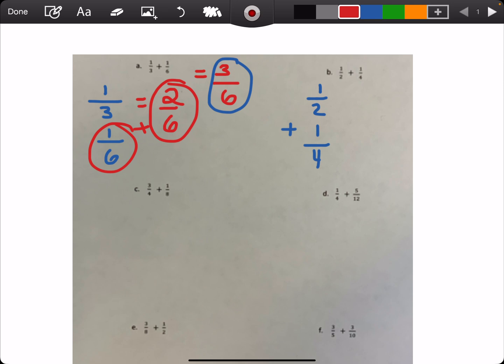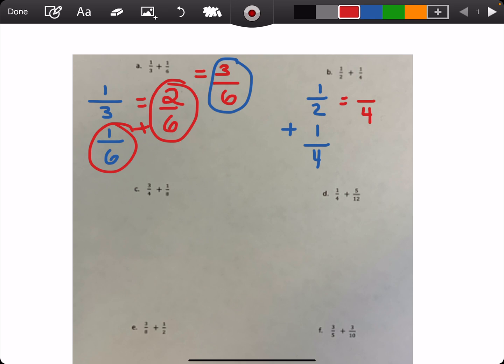So if I count by 2s, 2, 4, 6, oh wait, I've already said 4. So 4 is a common denominator. So I'm just going to make 1/2 equal how many fourths? Well, I know in my head that if you double 2, you get 4.